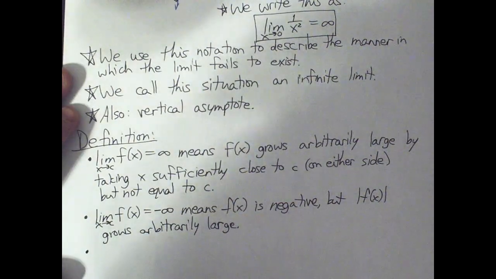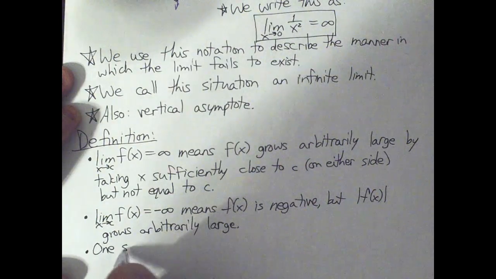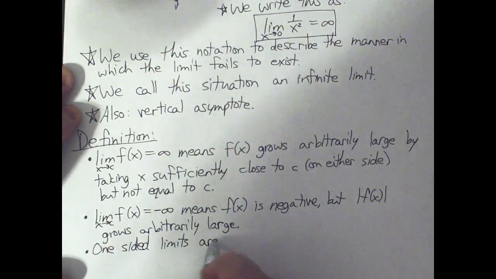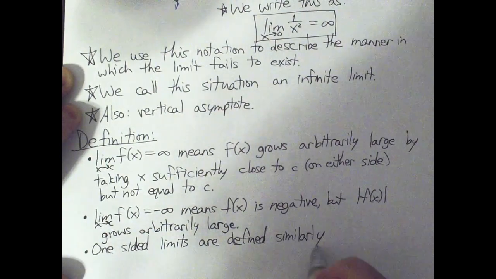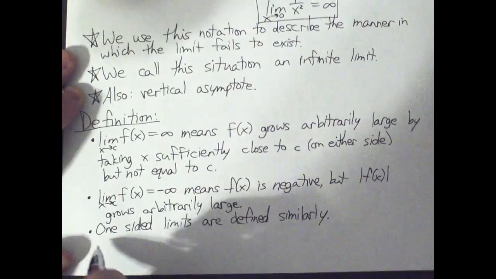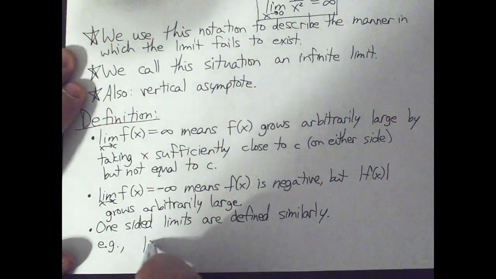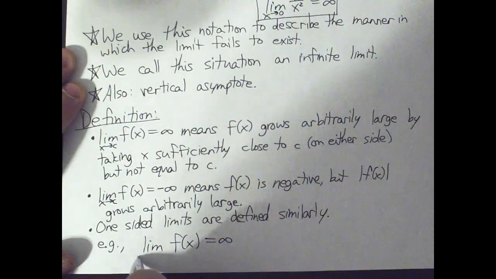Now, all I'm going to say about the one-sided version, we'll say one-sided limits are defined similarly. For example, you could have a limit of f of x that equals infinity where x approaches c with the little plus sign.